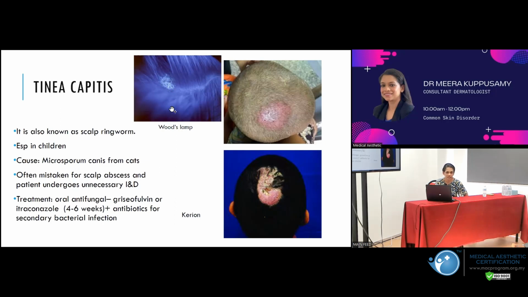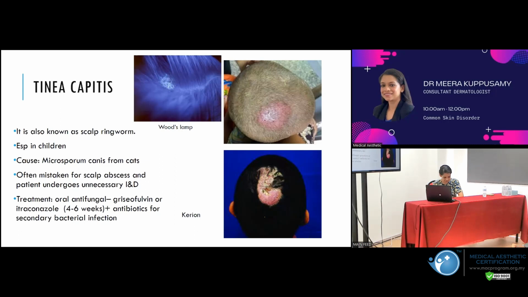Okay, the treatment in general is just to give oral antifungal, and the duration of oral antifungal is quite long. 4 to 6 weeks the patient needs to take it, and sometimes they need to be on additional antibiotics as well.